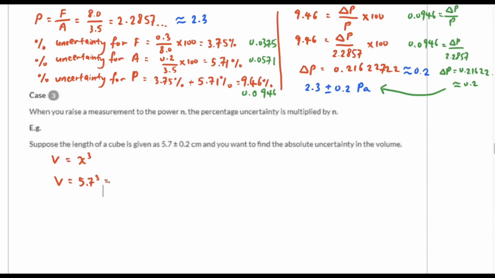Okay, so initially we don't know how many decimals we want, so we just put as many as possible. 185.193.